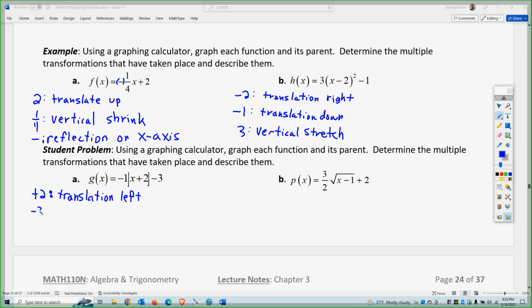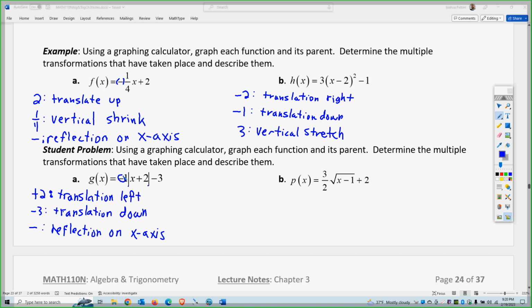Okay, and the -3 is a translation down. The 1 does nothing. 1 times anything doesn't change anything. However, the negative, right, that is a reflection on the x-axis. Okay, because it's on the outside, it's changing the y value.